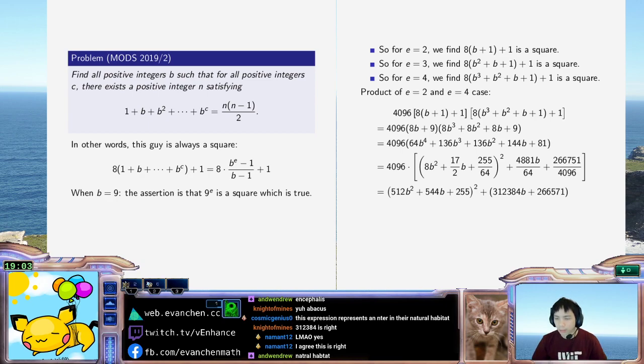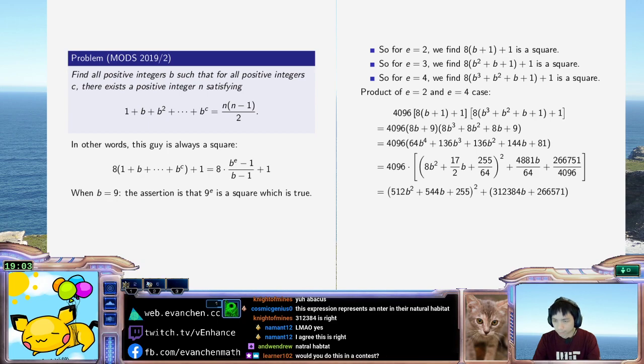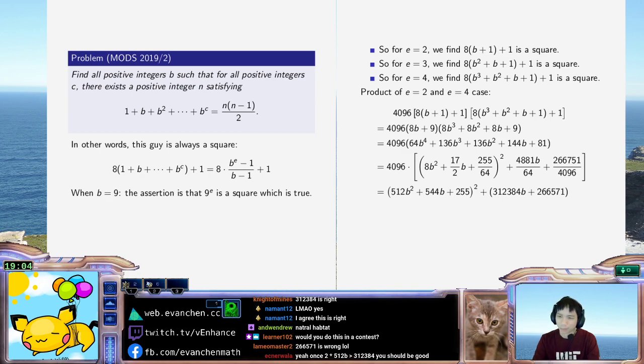Because I multiplied by 4096, my square must be divisible by... The thing inside the square should be divisible by 64. So, if b is large... Oh, but 256 is... Okay. If 312,384b plus 266,571... Oh, I'll just do the dumb bound.